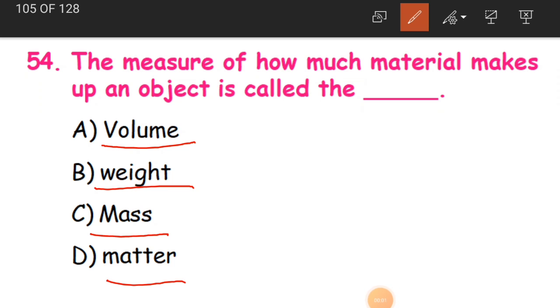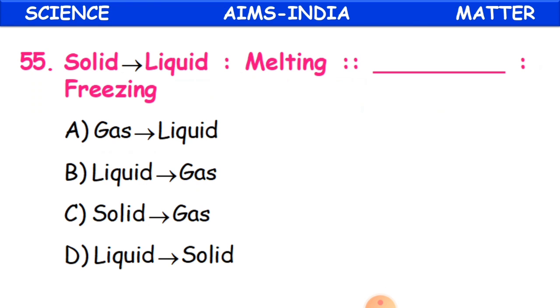The answer is, children, mass. So the measure of how much material makes up an object is called the mass. Everything that has volume and has mass is matter. That which has volume and also mass is called matter. Clear, children? Now we'll go to the next question.